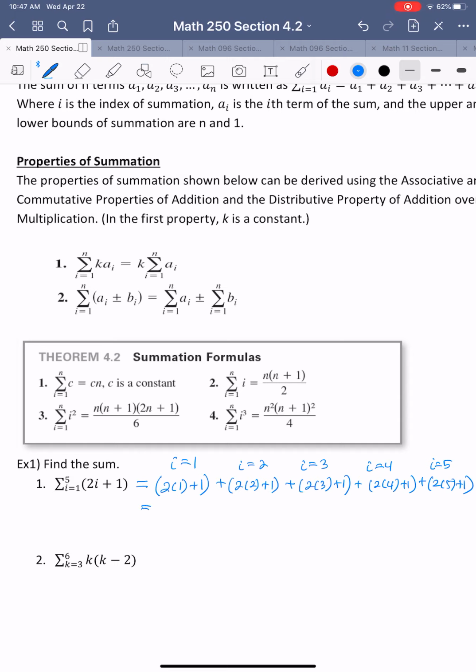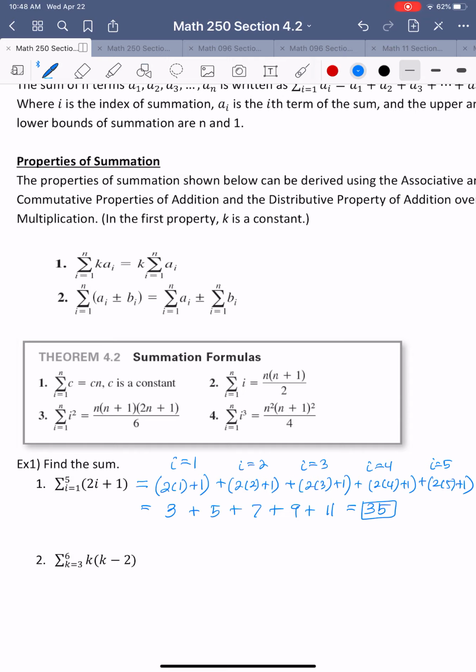Now you simplify: 2 plus 1 is 3, 4 plus 1 is 5, 6 plus 1 is 7, 8 plus 1 is 9, and 10 plus 1 is 11. When you add it up, it becomes 35. So without the formulas, we can find the sum.